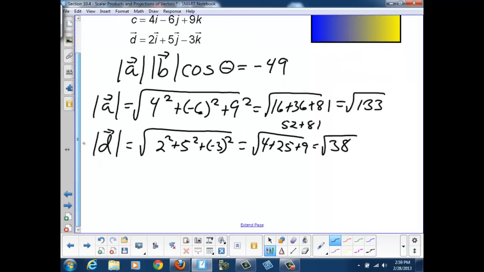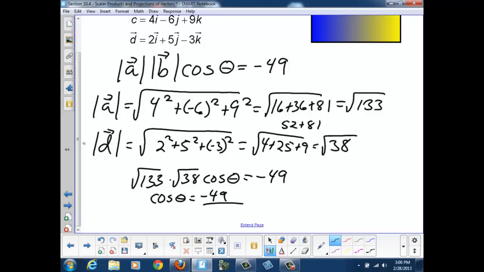So now we know that the square root of 133 times the square root of 38 times the cosine of the angle should equal negative 49. Now just by looking here, since it's equal to a negative value, we know that the angle between the two vectors is obtuse. So cosine theta is equal to negative 49 over the square root of 133 times the square root of 38.